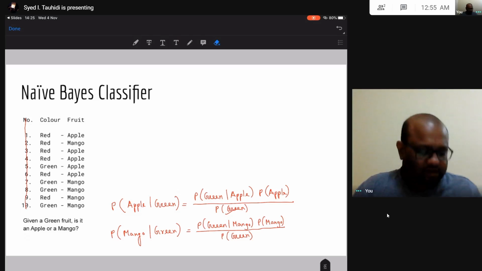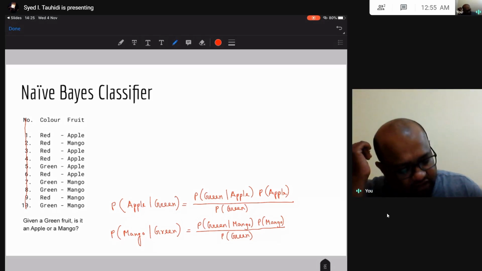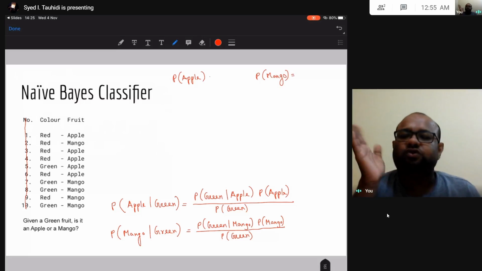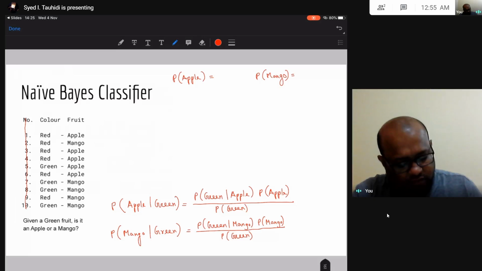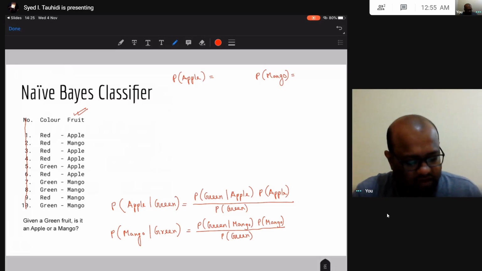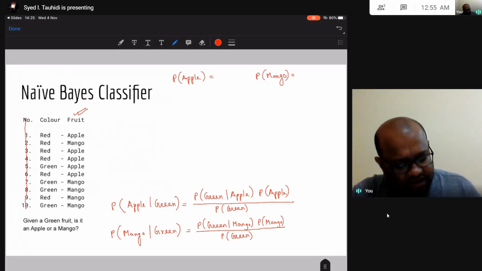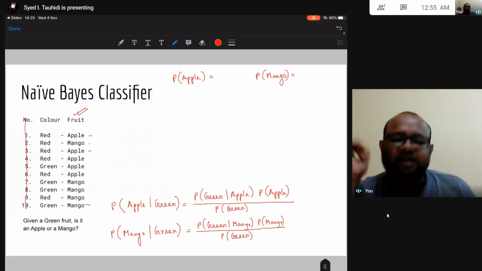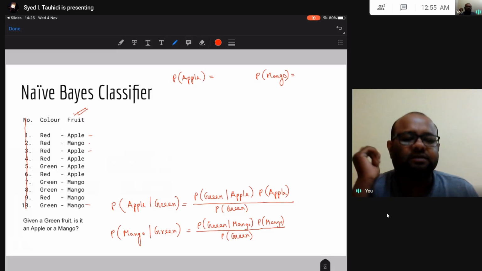So first I have to figure out the probability of apple and the probability of mango. Let's look at the fruit column, the target column. This has apple and mango. There are 10 rows, 10 items in my data set.